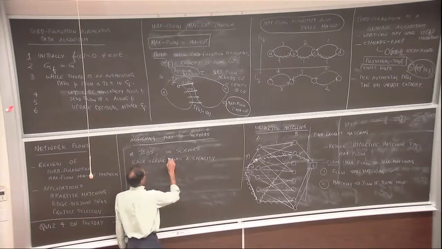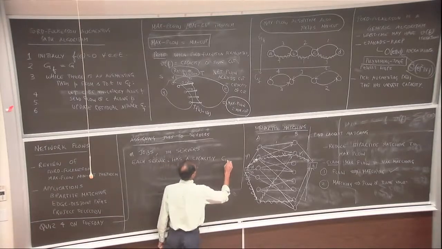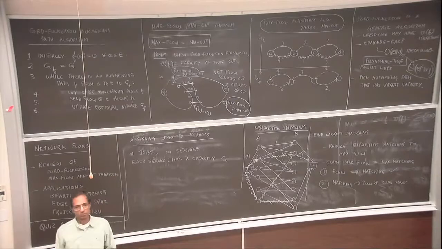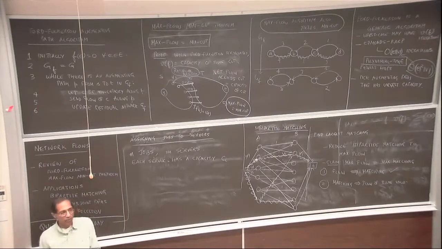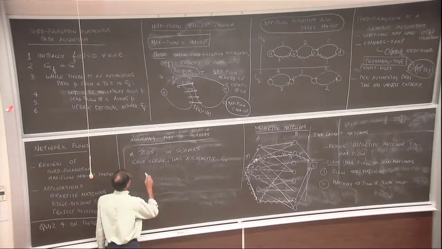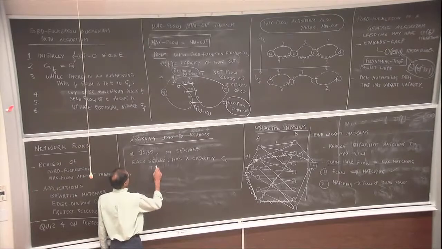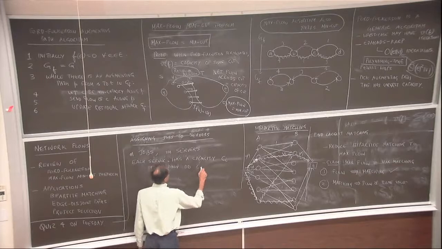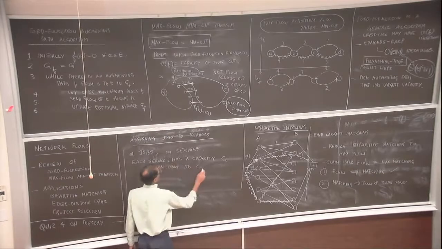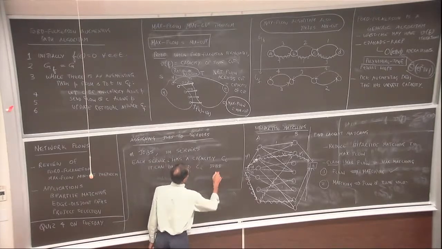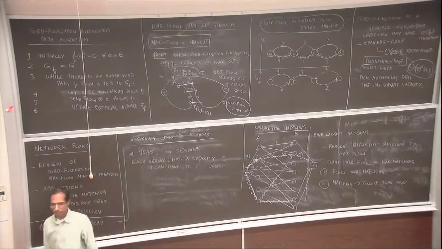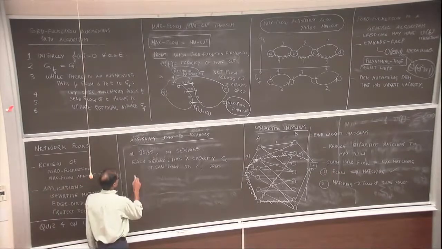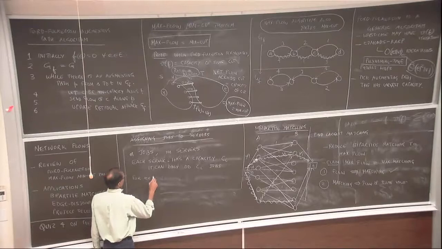So each server i has a capacity Ci, which means it can only do Ci jobs. It cannot do more than Ci jobs. Okay? For each job, you have a set of possible servers.